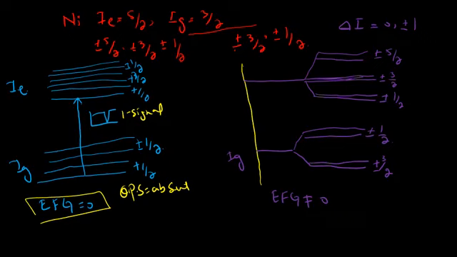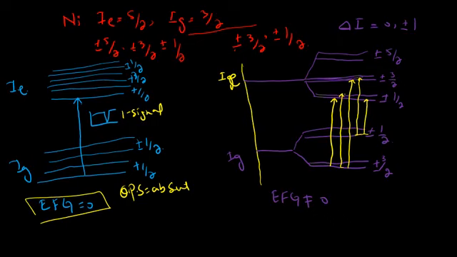So according to this rule, the possible transitions between the excited state and ground state are from here to here, then a second transition from this one, and other possible transitions are from minus 3/2 to minus 3/2, and from plus 1/2 to minus 3/2, and plus 1/2 to minus 1/2.